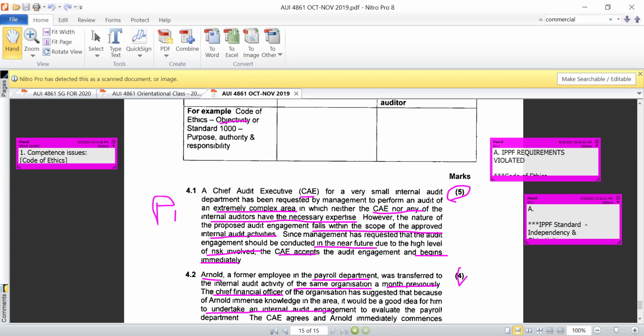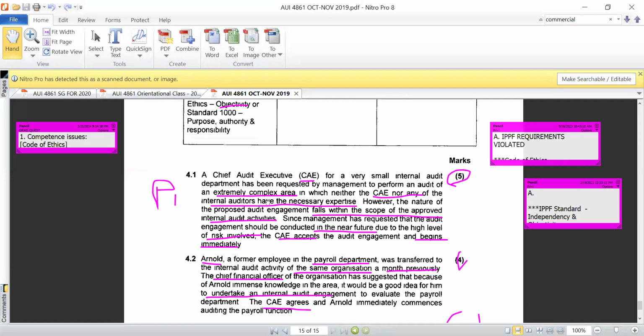However, the nature of the proposed audit engagement falls within the scope of the approved internal audit activities. Since management has requested that the audit engagement be conducted in the near future due to the high level of risk involved, the chief audit executive accepts the audit engagement, and they begin with the assessment immediately.